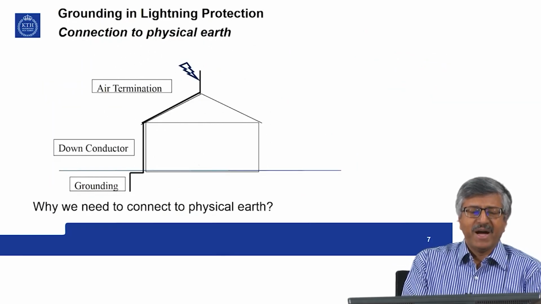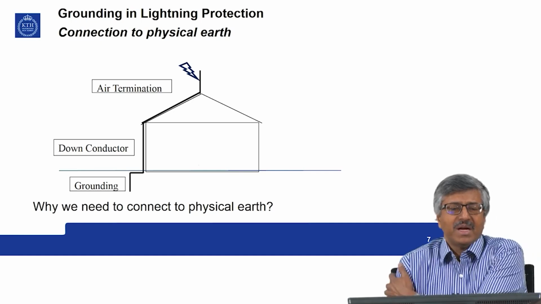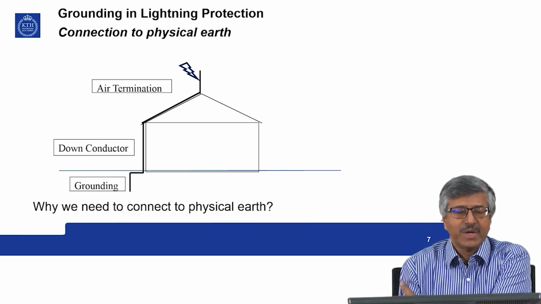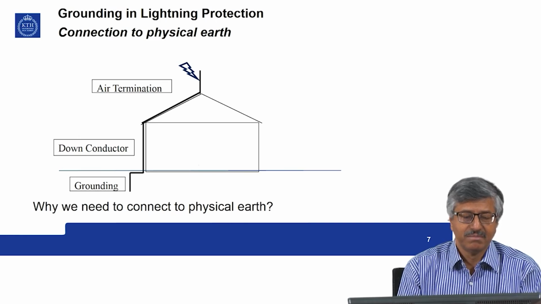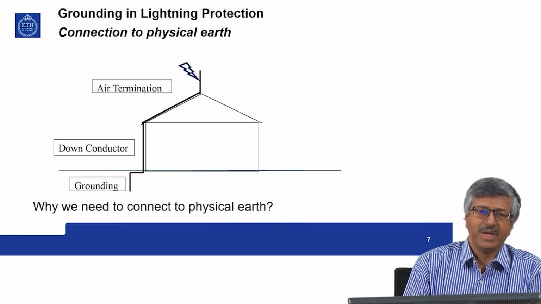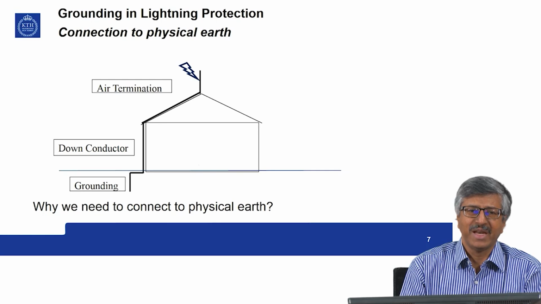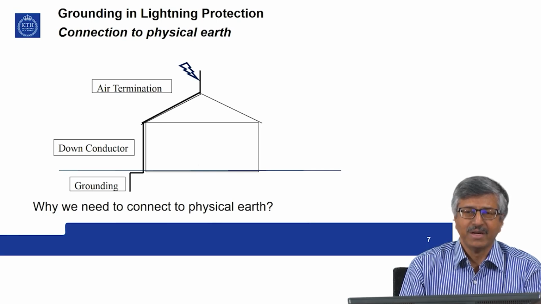Now, often one may ask why in lightning protection one needs to connect to the physical earth, because in EMC we talk of grounding, but we are not really talking of real mother earth for connecting the equipments or systems.